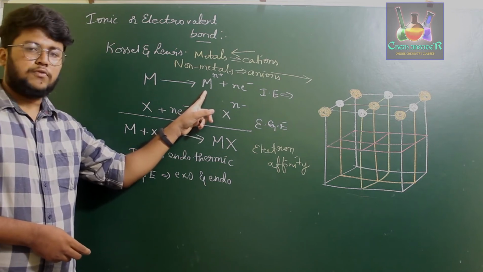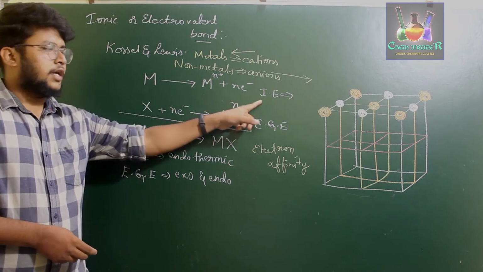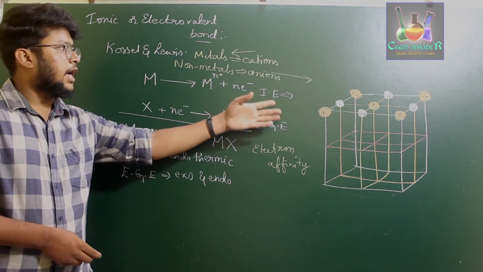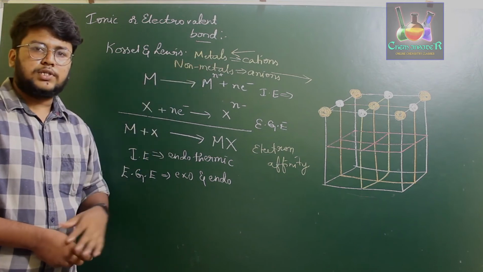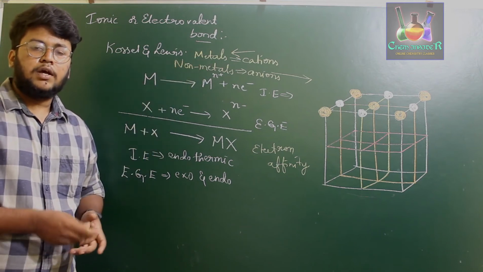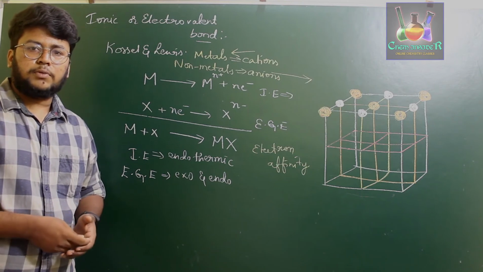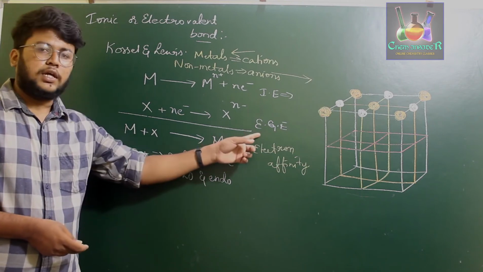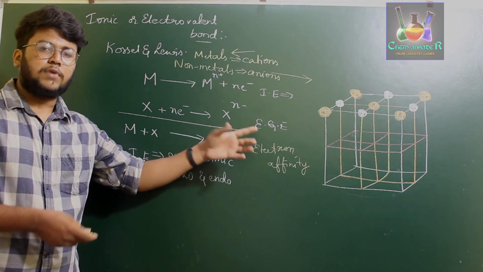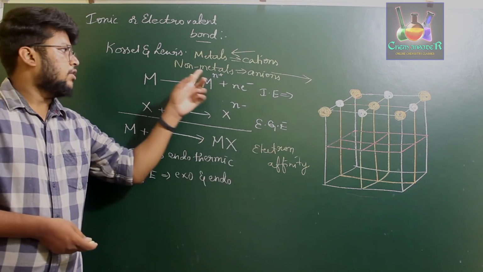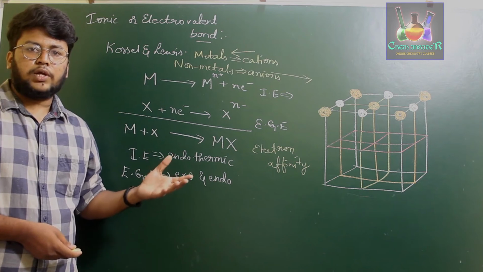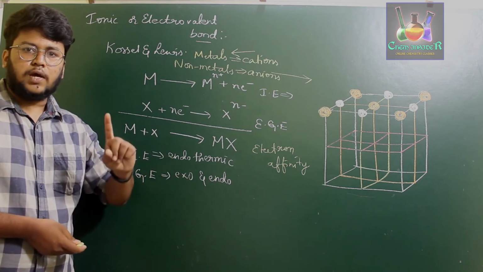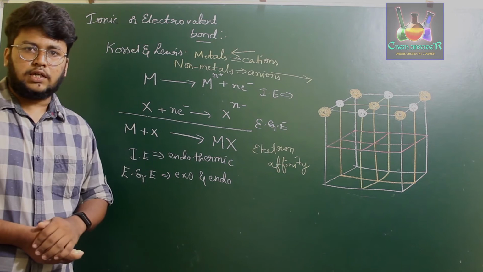In order to form a cation from its neutral gaseous atom, it has to involve ionization enthalpy, and we know which elements usually form cations, that is the metals which have low ionization enthalpy. And for it to form a negative ion from a neutral atom, it should have a very high negative value of electron gain enthalpy, and we also know which elements do this, that is non-metals. So we have completely cleared the first criteria.